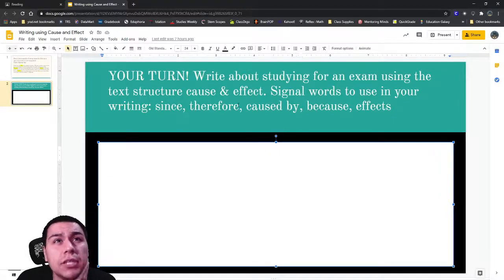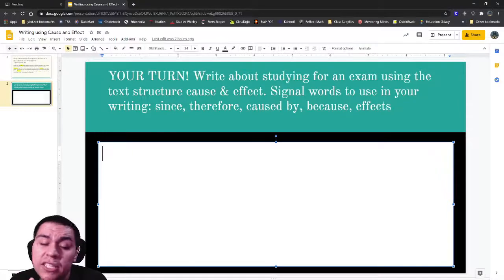And again, they give us some keywords to use when we're writing, like since, or therefore, or caused by, or because, or effects. If you want to write your sentence a little bit different, you can. Just make sure you start off by telling me the cause.